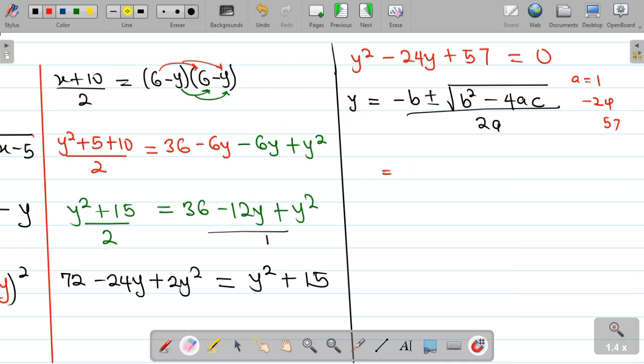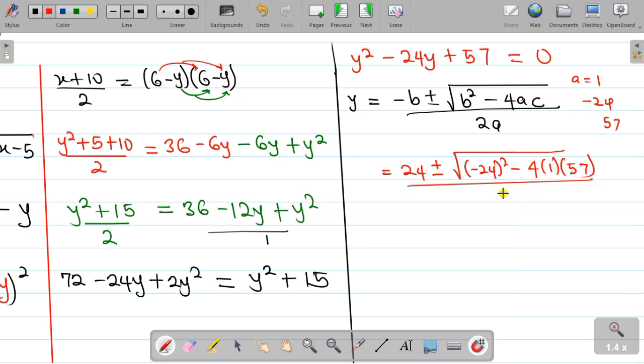So this is going to become 24 here, then plus or minus the square root of b squared, which is negative 24 all squared, minus 4 times a, which is 1, times c, which is 57. And that's all over 2 times 1, which is 2.